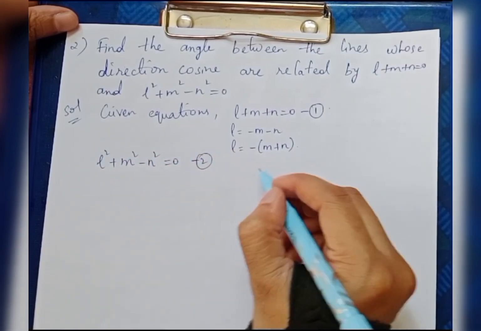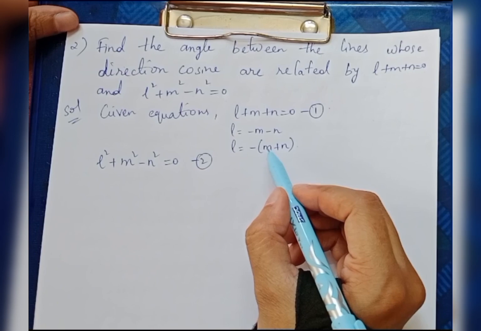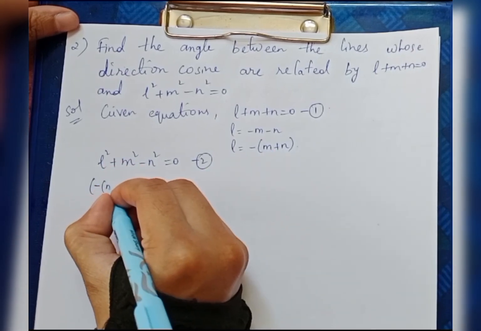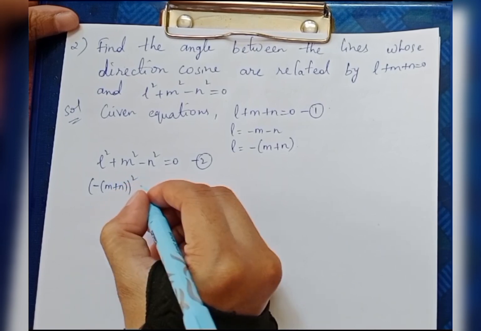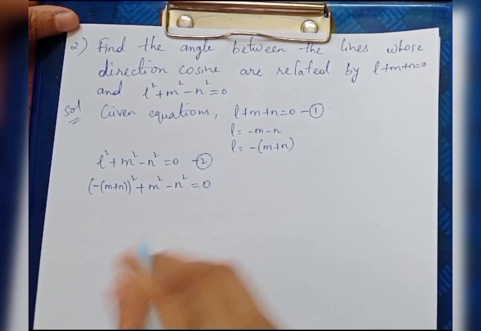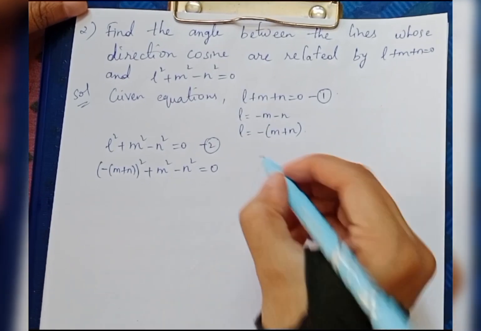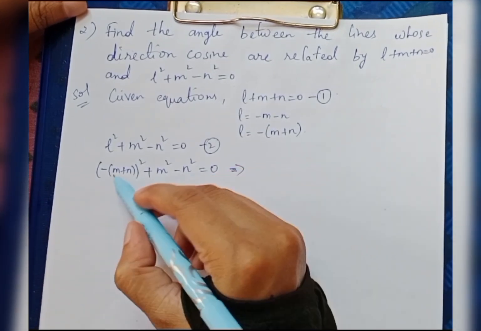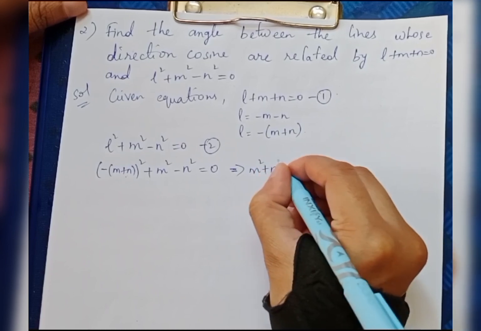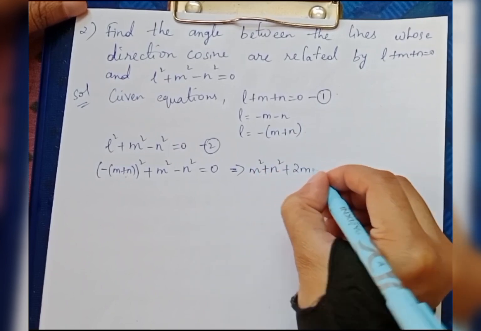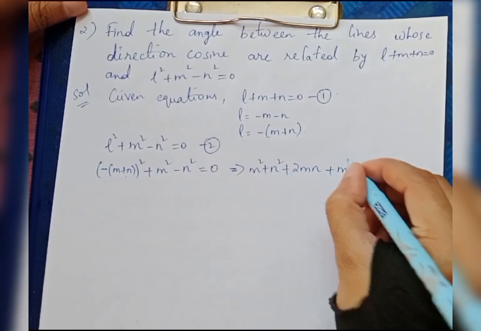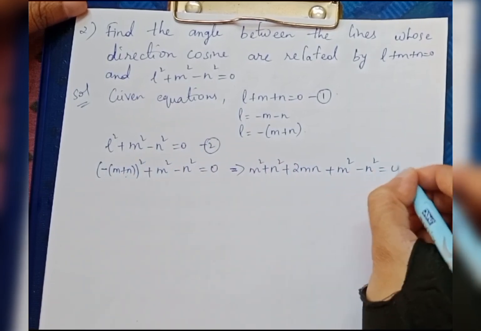Substituting the value of l, it is negative of (m plus n) whole square plus m square minus n square equals 0. Now taking the formula of (a plus b) whole square, it will be m square plus n square plus 2mn. This negative becomes positive in the square, plus m square minus n square equal to 0.